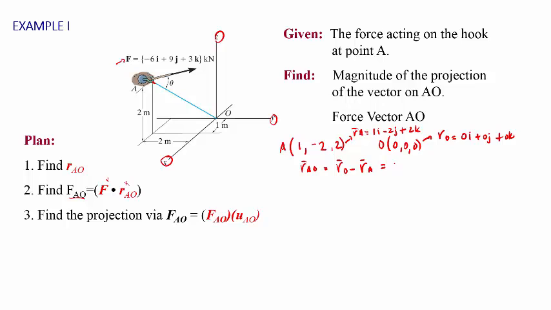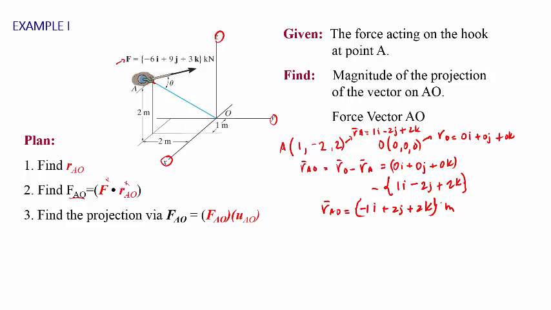So ROA is RO minus RA. And look at this, minus. And then you have 1I minus 2J plus 2K, which then changes now to minus 1I plus 2J plus 2K. And remember now, this is meters. I didn't put it earlier.